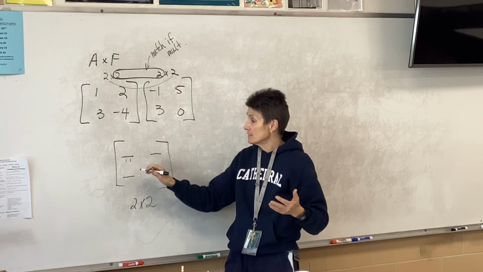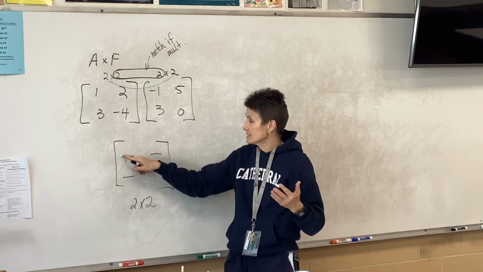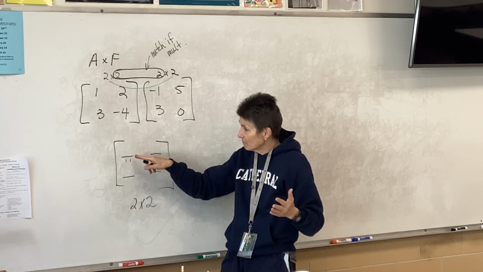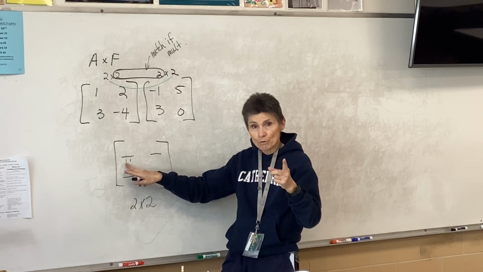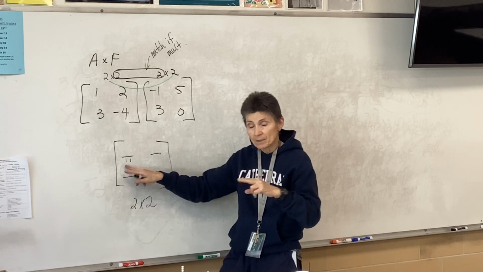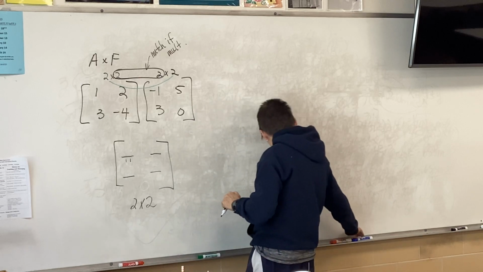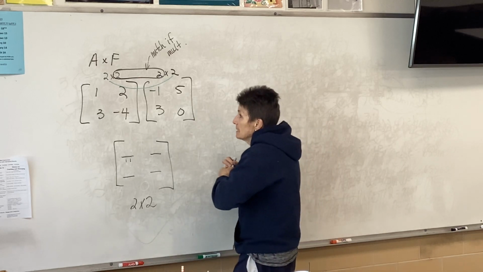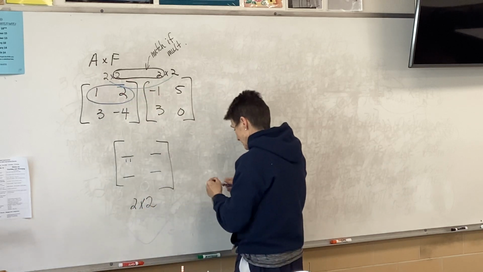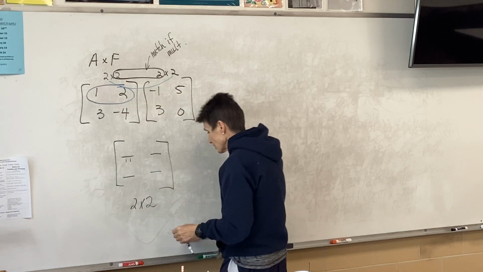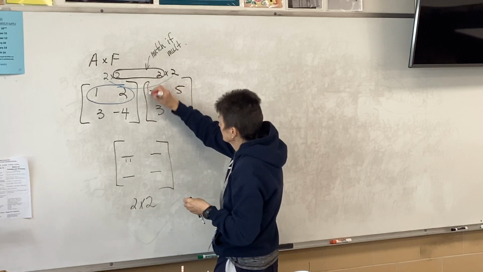This is not an 11, this is not a fraction. I am filling in this blank, so I'm going over to my matrices, and I'm going to circle the first row and the first column.